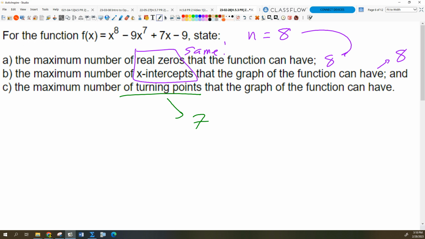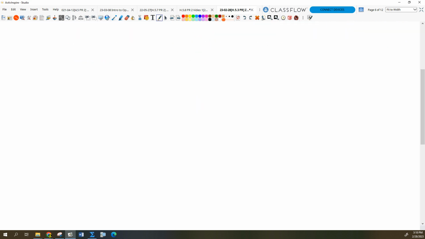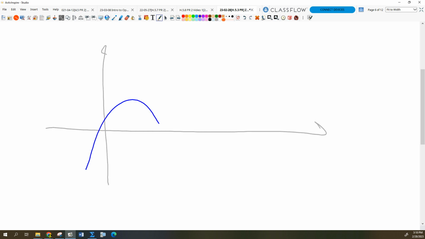Here's something that might help a little bit too. If I graph some function like this, you see that if I compare the number of x-intercepts to the number of turning points, the number of x-intercepts is always going to have to be a little bit greater because the turning points can only be found between x-intercepts, right? I mean, that's not necessarily true.